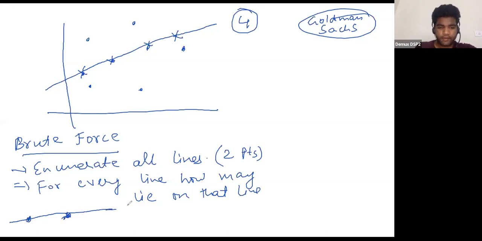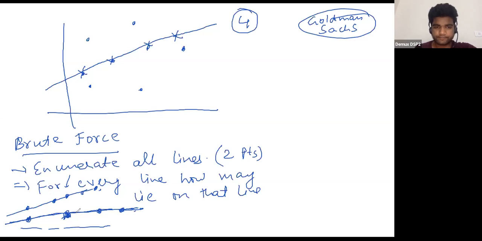For other points, you can simply check if they also lie on this line or not. Whichever points lie, you can have a count, which is the number of points that lie on this line. Then you consider another pair of points, draw a line over it, check for the other points, have your count and keep taking the maximum. This will be the brute force way of doing it.